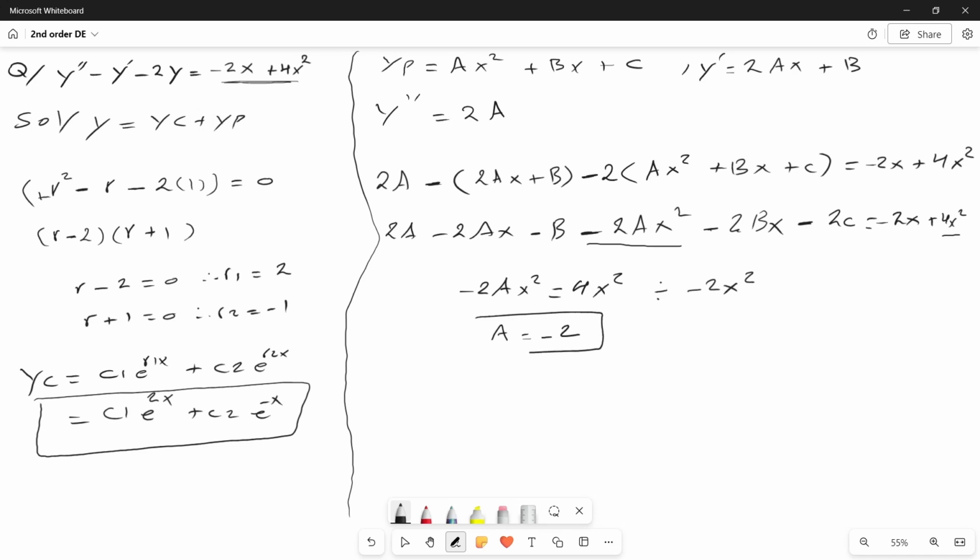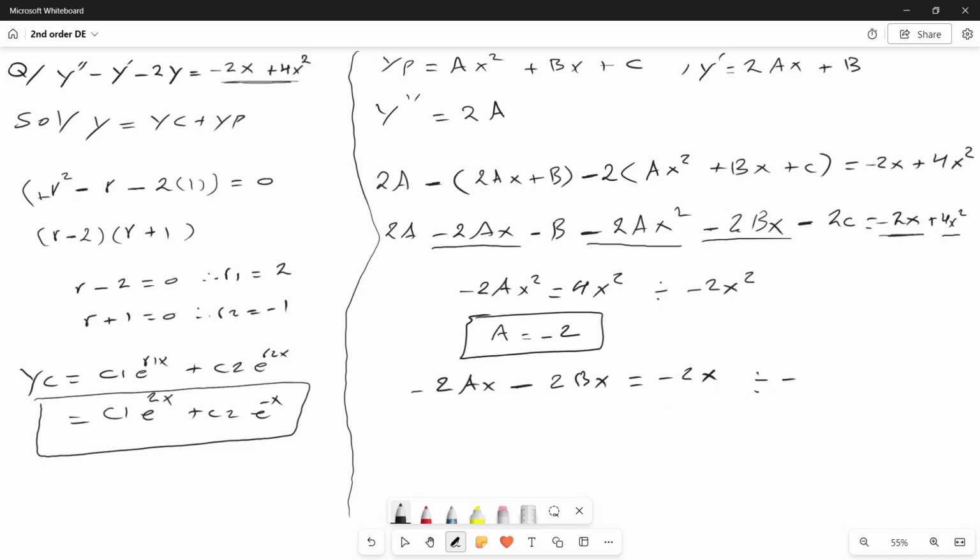We have the value of a. Now, we have negative 2ax, negative 2bx, and minus 2x. So we have negative 2ax minus 2bx is equal to negative 2x.